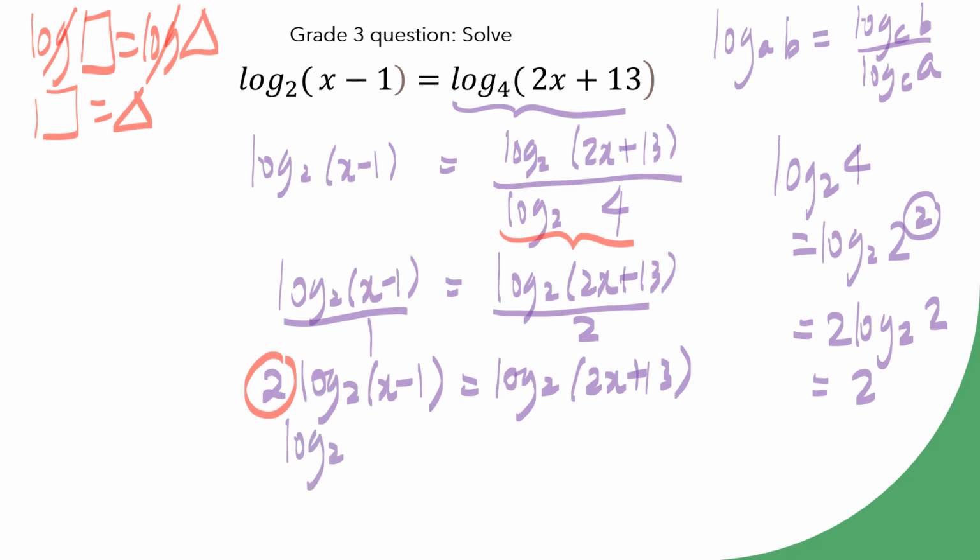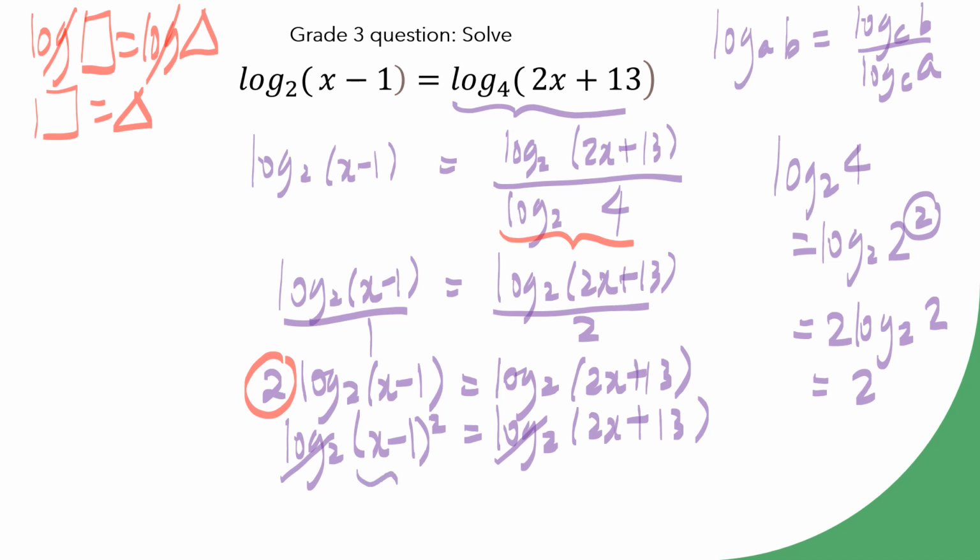Bring it up will become like this. Then you will have log base 2 on the left, log base 2 on the right, so we can just get rid of it.